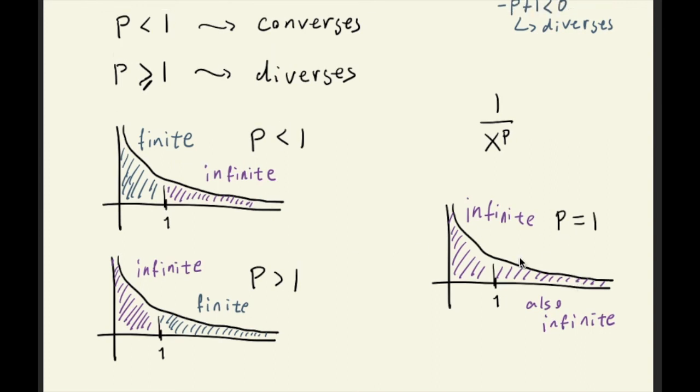P equals 1, it has infinite area to the left. It also has infinite area to the right. But then if you increase p, the right becomes skinnier. That becomes finite. But if you're here on p equals 1 and you decrease p, then the left becomes a little skinnier. That part becomes finite. It's kind of an interesting thing to think about.